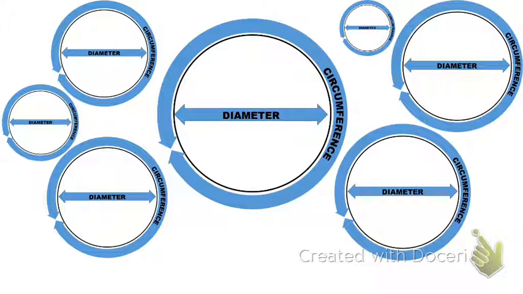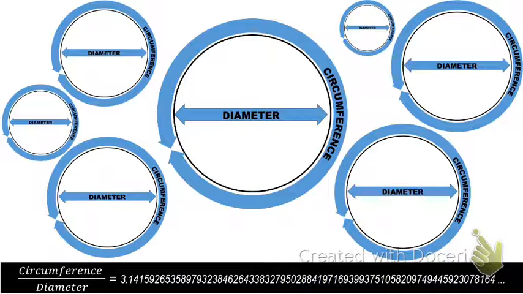I'm sure that you know that if you take the circumference of any circle and divide it by its diameter, you will always get the same answer. It is the irrational number pi, 3.14159265, and it just continues on and on without ever having a repeating pattern.